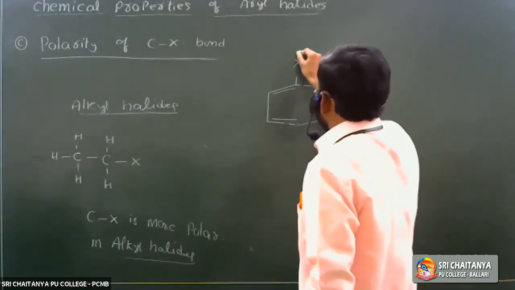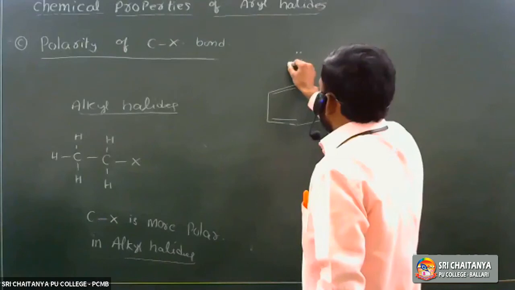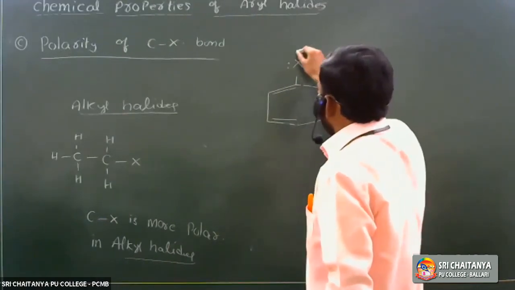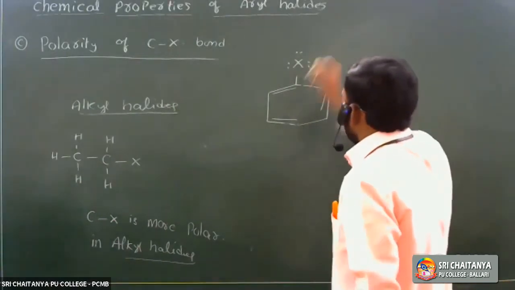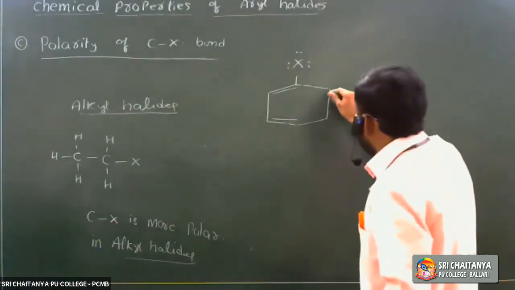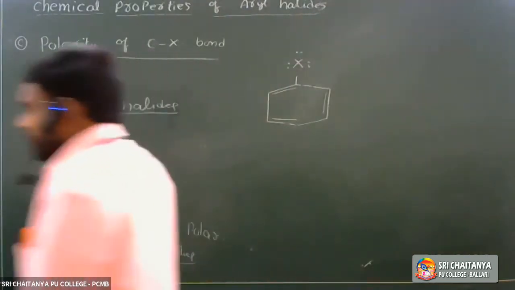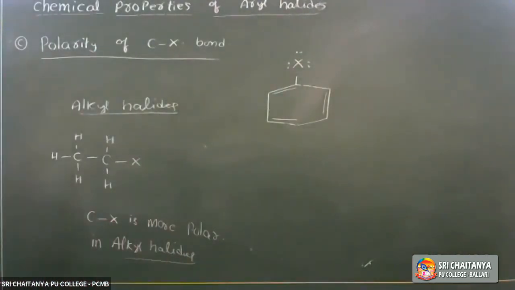Next is the halogen. Any halogen atom, either chlorine or bromine or iodine, has three lone pairs on the halogen atom. So these are the lone pairs, and so it has two types of effects.